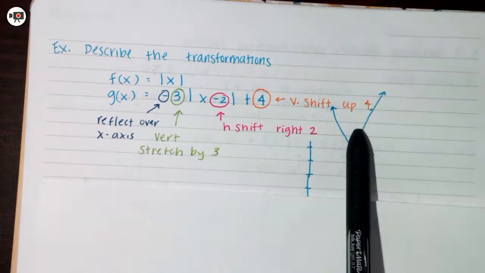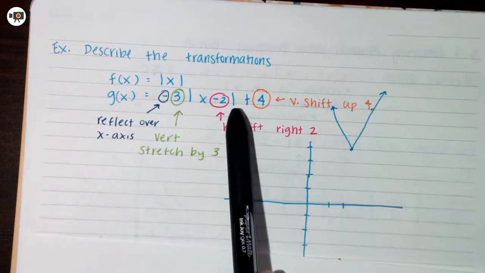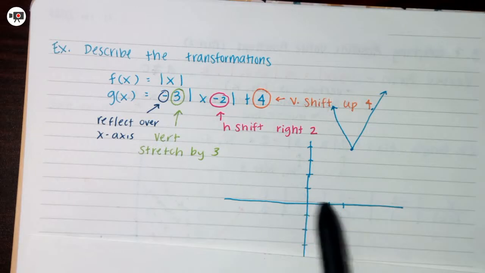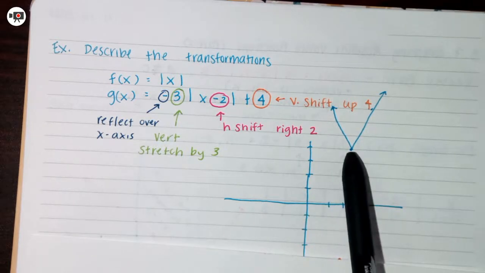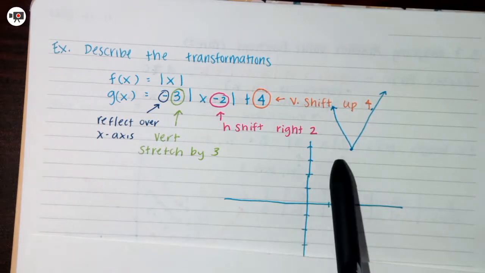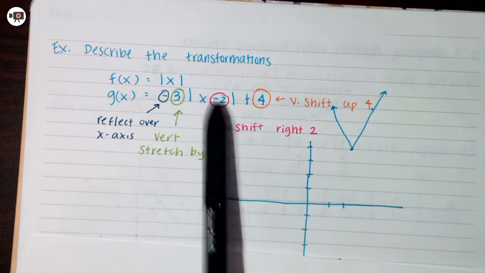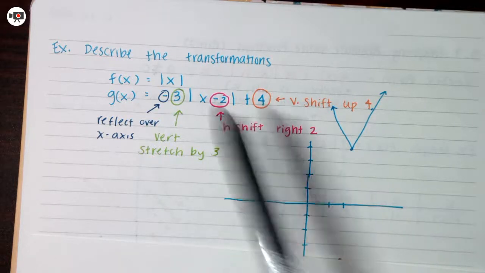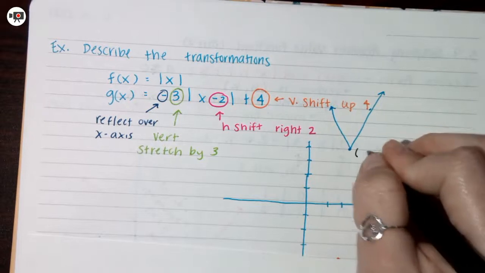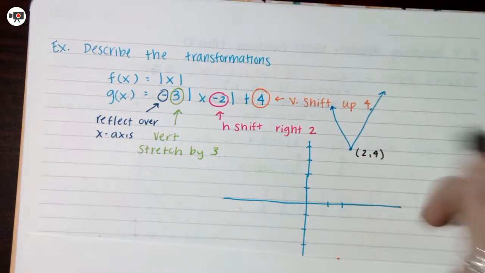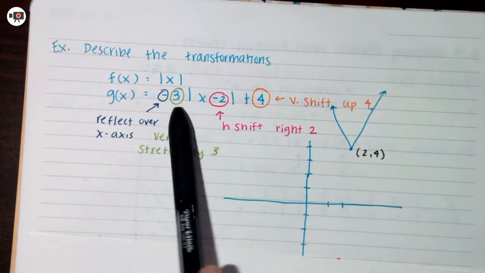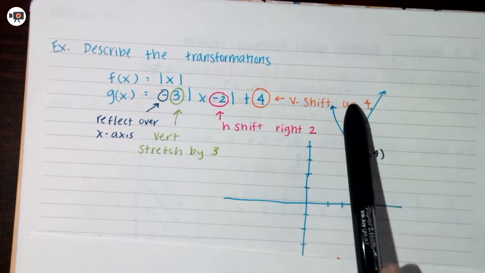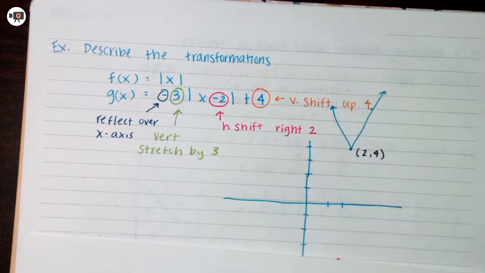So my original, before the reflection, means I'm going to have my vertex at 2, 4. To the right 2, up 4. I get that from h and k. Then my slope is 3, so I go up 3 to the right 1 to get my next point.